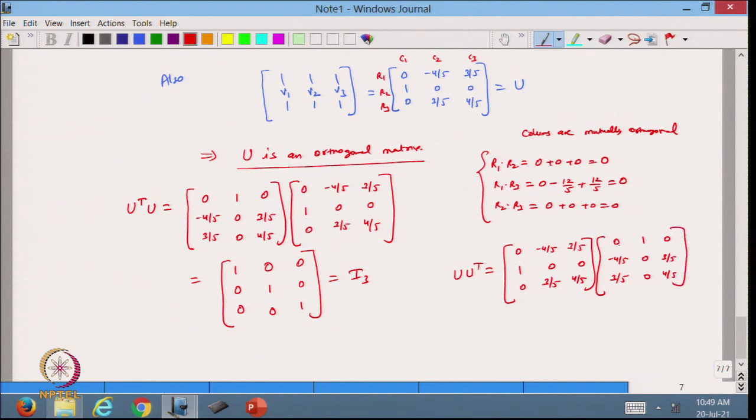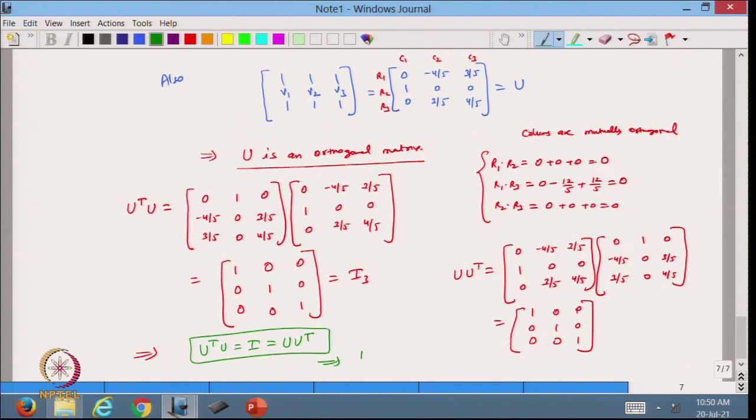If I multiply this vector with this vector, it is 1. This vector multiplied by this row will be 0, so it will be 0 0, then 0 1 0, 0 0 1. So, from these two you can see that U transpose U is equal to I, and that is also equal to U U transpose.